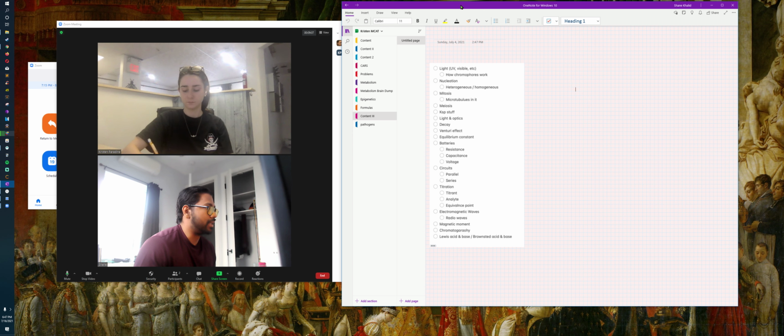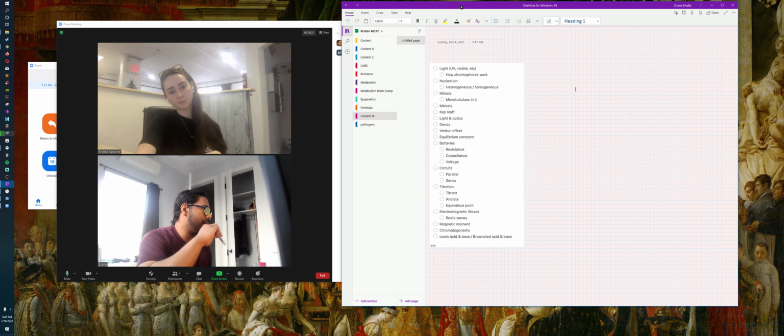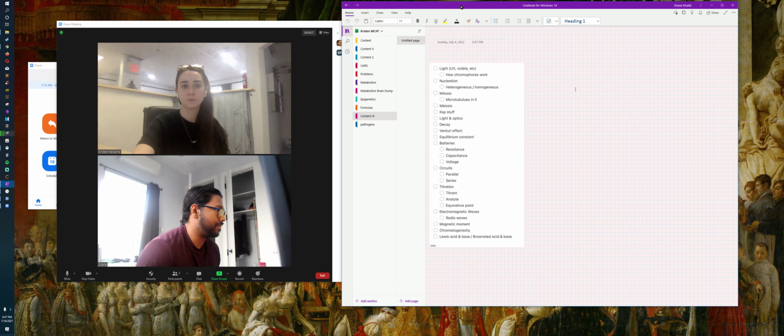So if you shoot blue light at it, for instance, it'll absorb the blue light, which is a higher energy level than red light, but it can emit a photon that's red light.